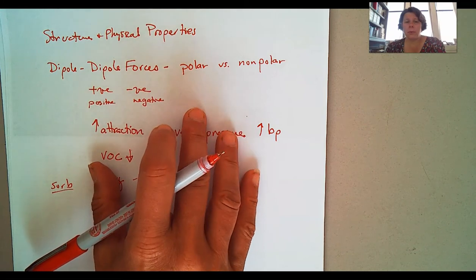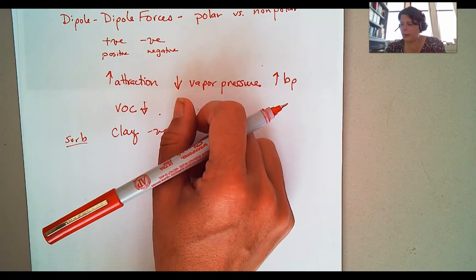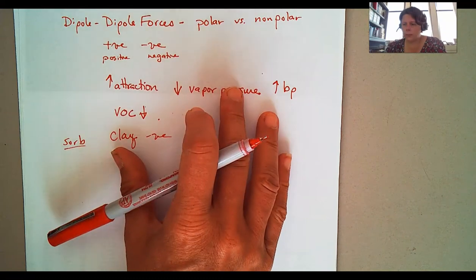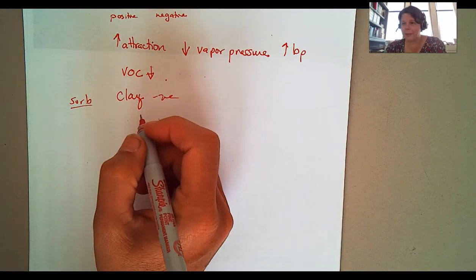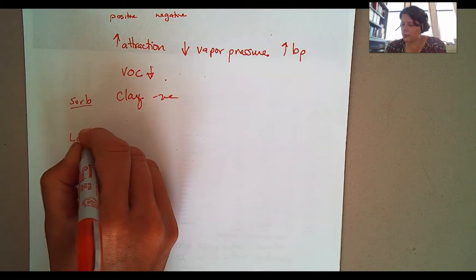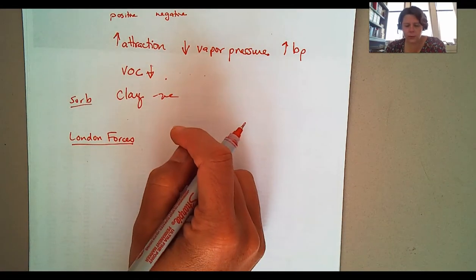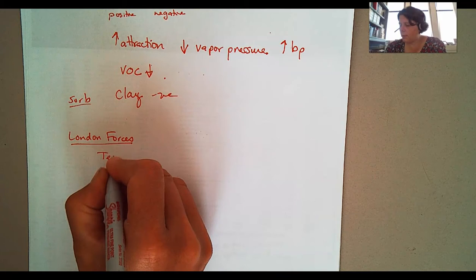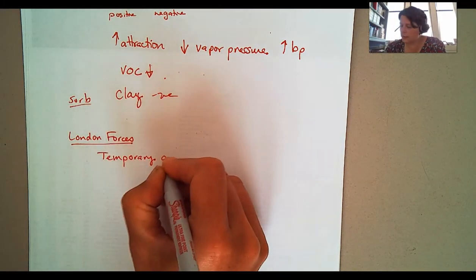So dipole-dipole moment is very important, knowing if it's got a polar or a nonpolar end. Okay, well, this is one important part of attraction between things. There's also London forces. This is what's called a temporary dipole.